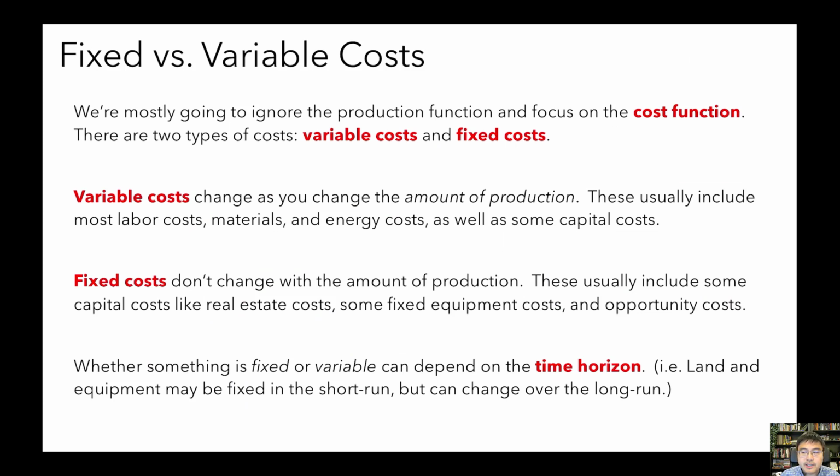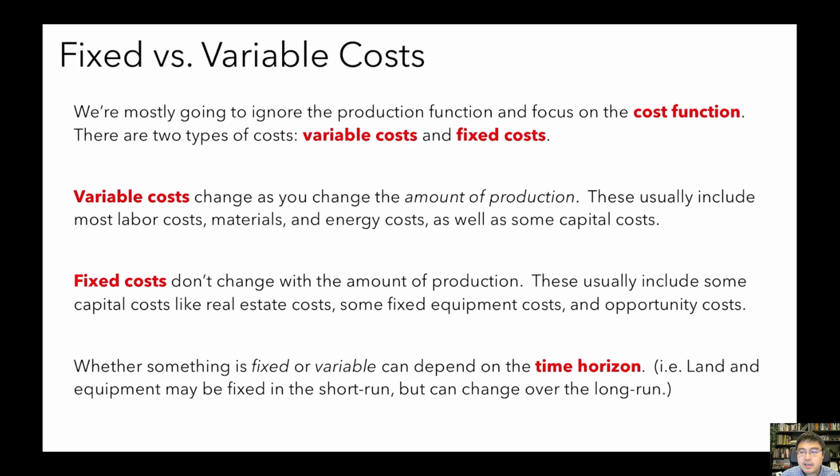Okay, so that was how we go from a production function to a cost function. And as a reminder, the cost function is the mapping from the amount of outputs that you want to make to the cheapest cost it would take to make that amount of output. All right. And for the most part, we are going to be working directly with cost functions.